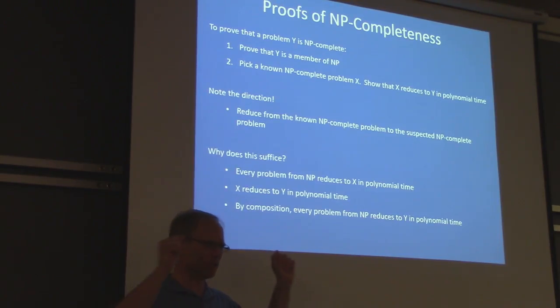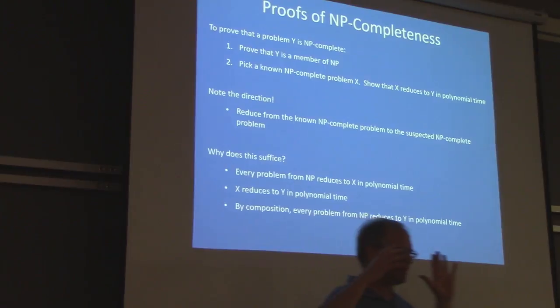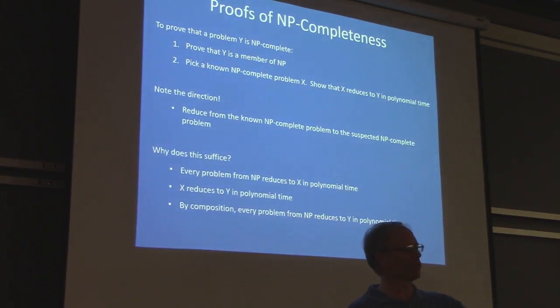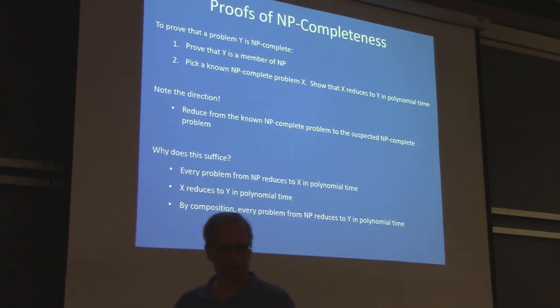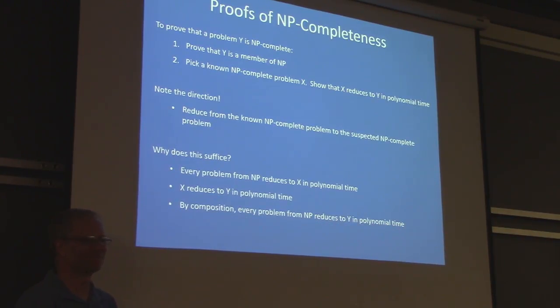So in this class, what I drill is that you reduce from the known NP complete problem to the suspected NP complete problem to prove the suspected one is NP complete. That's the direction. It is not the other way. People will miss it. Maybe I should stand on the table. But I've already done my standing on the table for the semester.